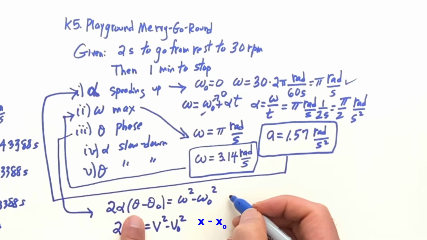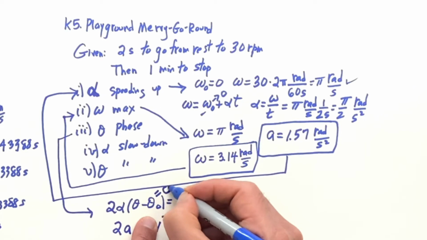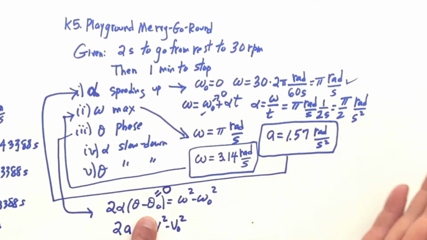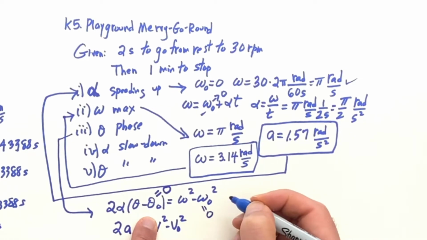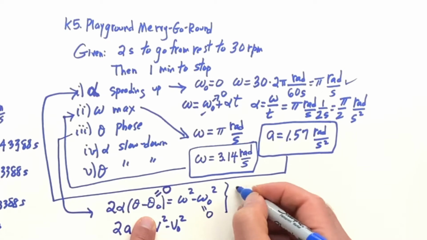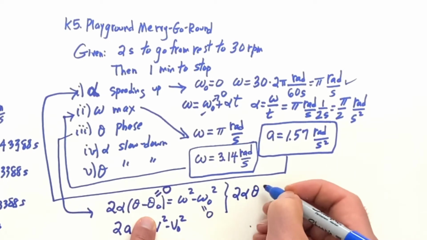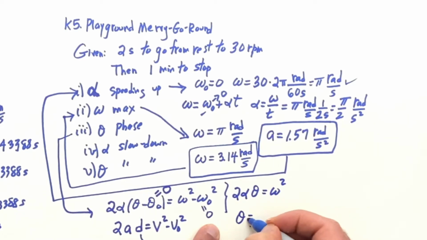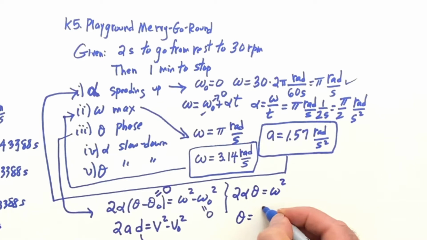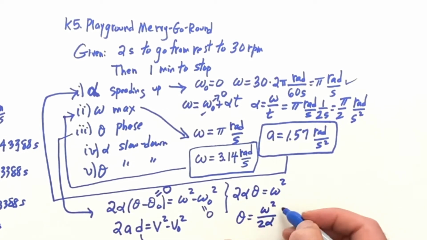And with this formula, the initial angle by definition we're going to call 0 because we want the angle that it swept through. So this simplifies to 2 alpha theta is equal to omega squared. So theta is going to be omega squared over 2 alpha.